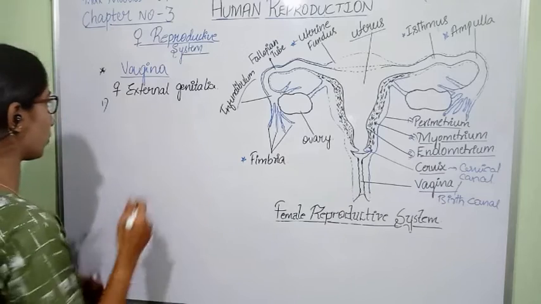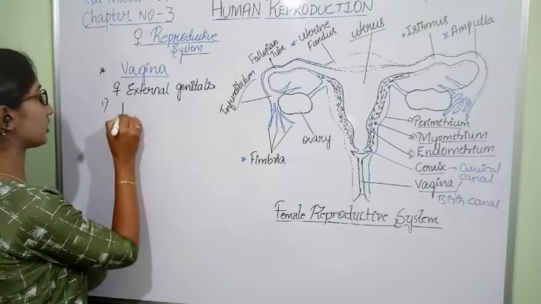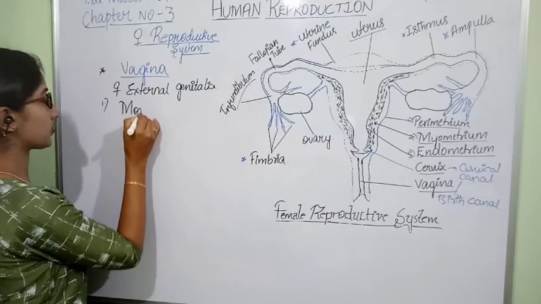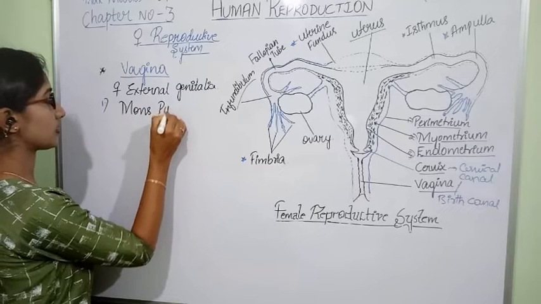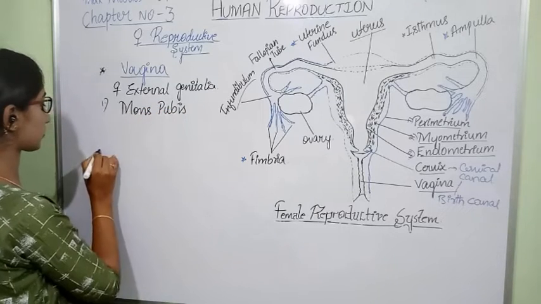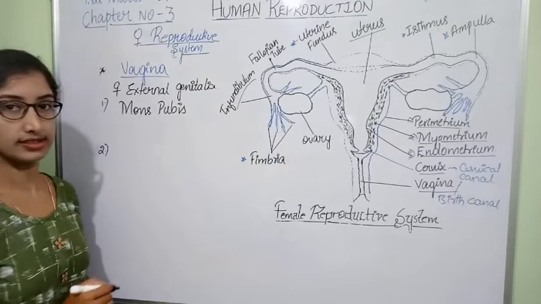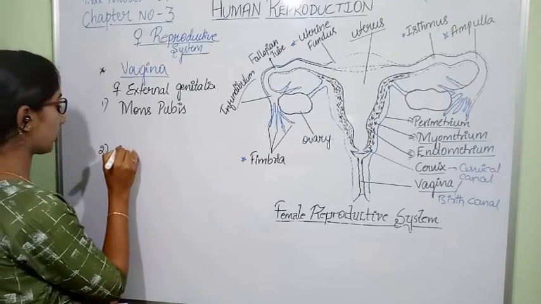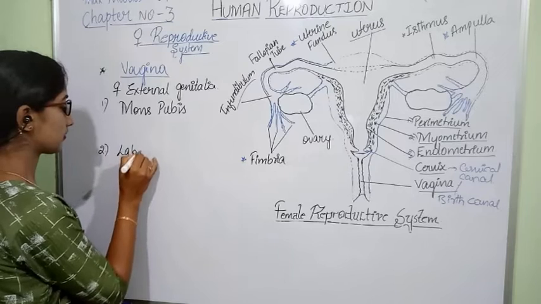Let us list one by one. The first is mons pubis. The second one is labia majora.